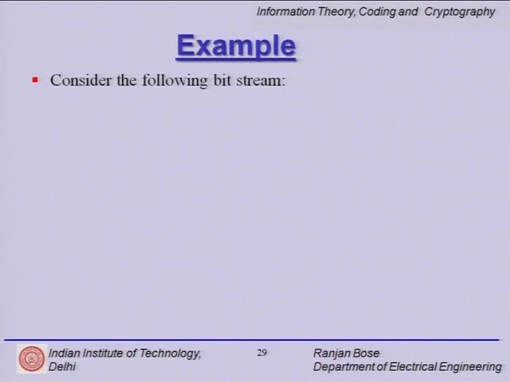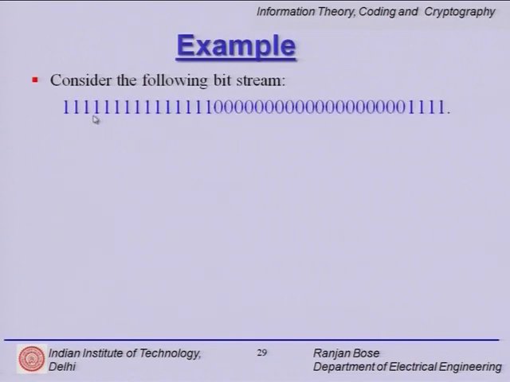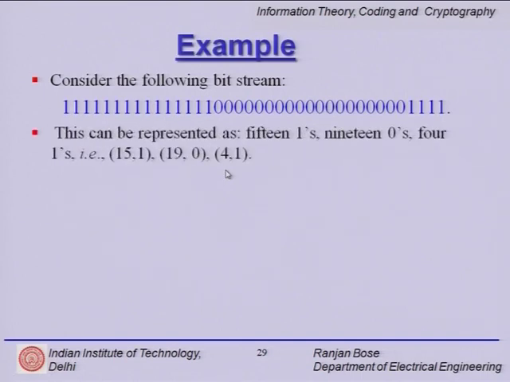Let us look at an example. Let us look at this strange bit stream. It has a long run of 1, then a run of 0, then a run of 1. We have taken this peculiar example because this effectively shows where run length encoding will work.